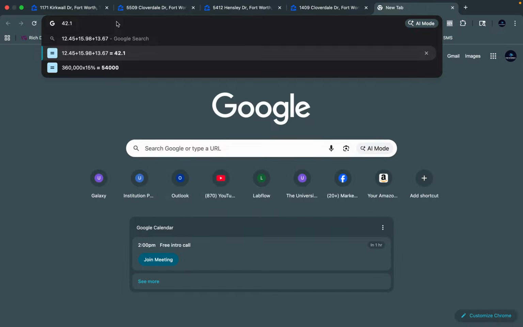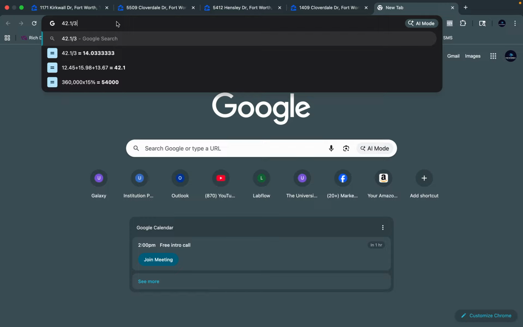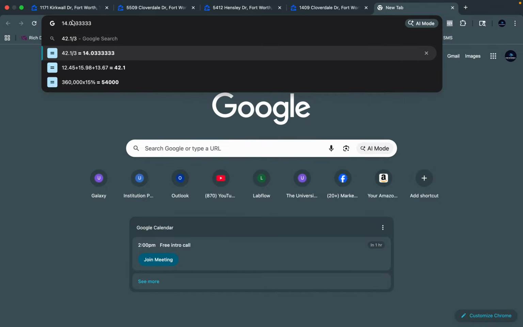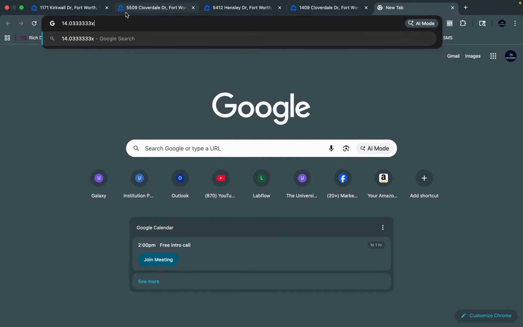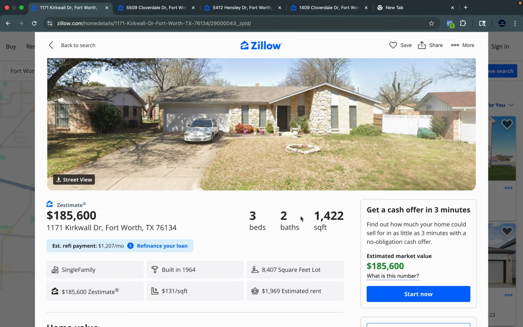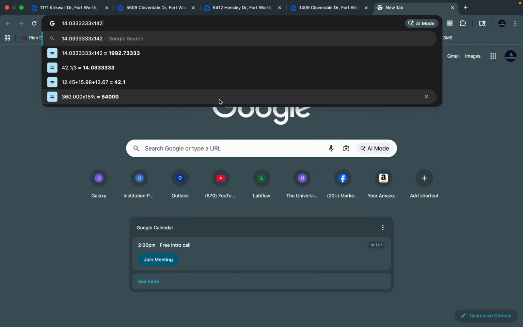Next step is you want to divide that by 3. And then you get the average price per square foot for all three of those numbers, and it comes out to about 14.03. After that, you would want to multiply it by the subject property square foot, which comes out to about 1,422.